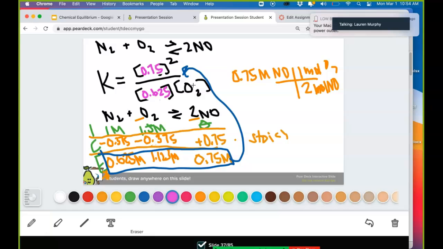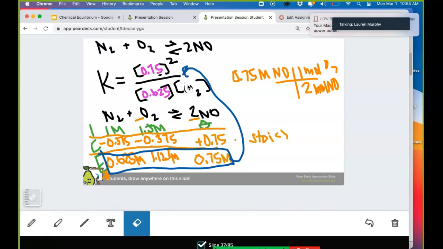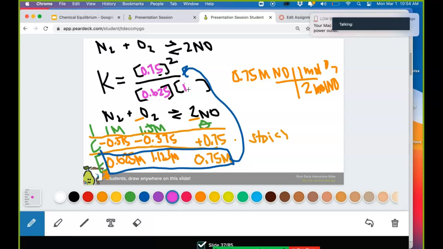And the O2 is 1.125. Now, don't forget to square your top number. I'm going to give you a second to calculate it out, but you should be getting 0.8.